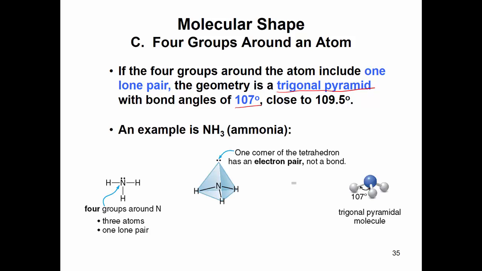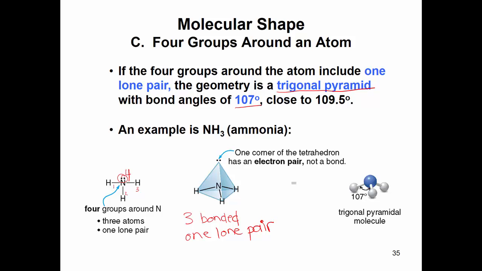Okay, so here's our example again of ammonia. So we have one group, 2, 3, and then our lone pair counts as 4. And so it has 3 bonded groups, 3 atoms, and 1 lone pair. So what this is showing you is that lone pairs change the geometry.